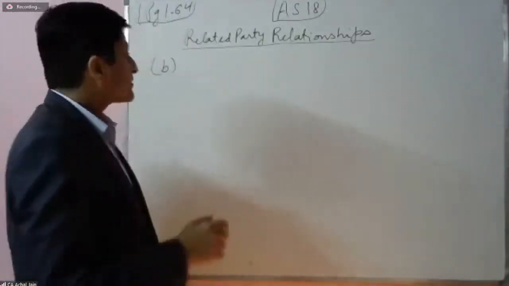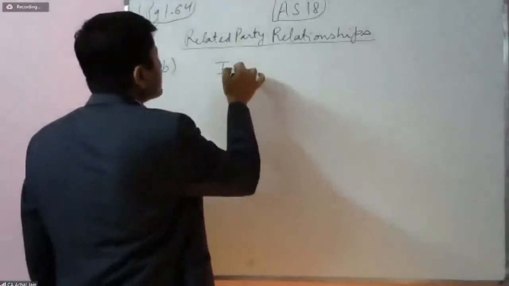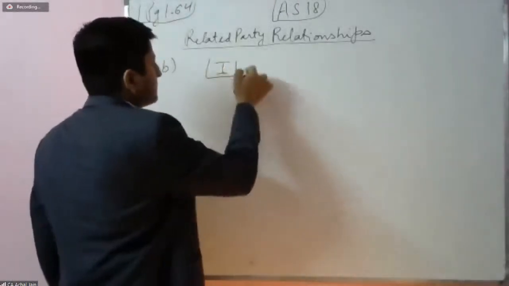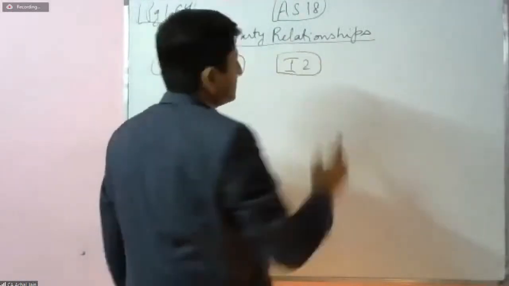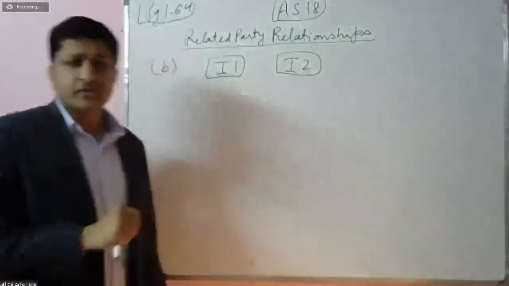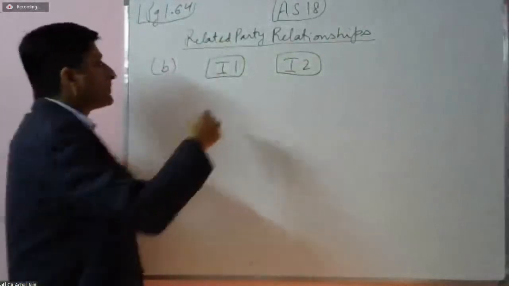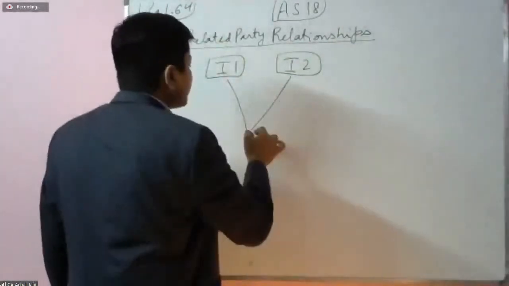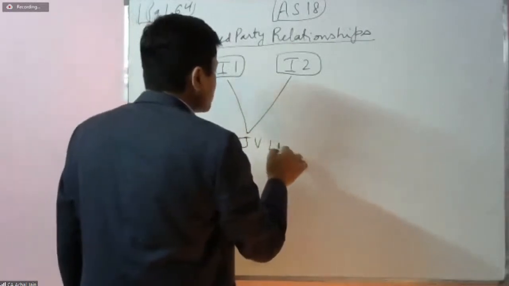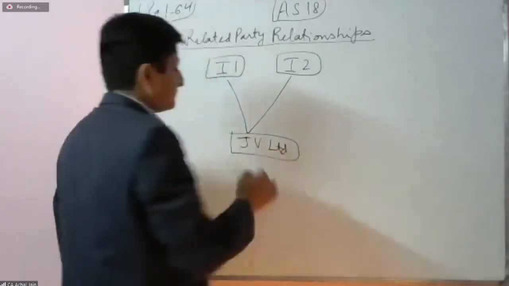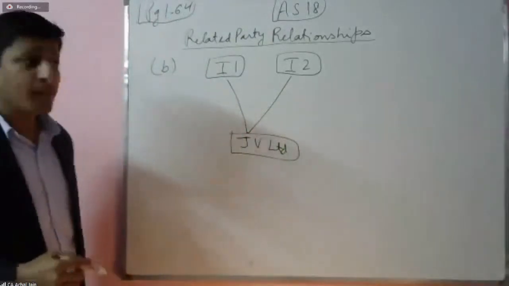Say there is an investor, investor 1, and there is another investor, investor 2. Both of them have formed a joint venture, JV Limited, a company which they have formed.